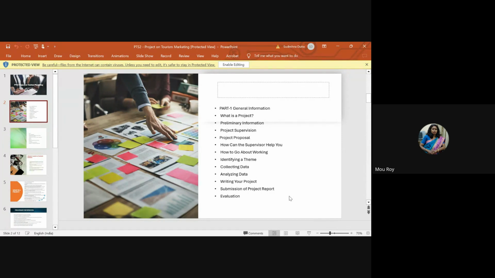Secondary data, you collect information through books, newspapers, journals, magazines. Then after collecting the data, you have to analyze those data. Once you analyze your data, you do the interpretation. Then you have your findings.